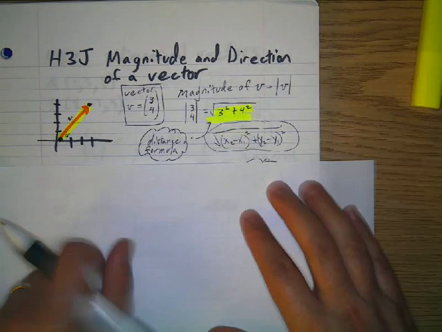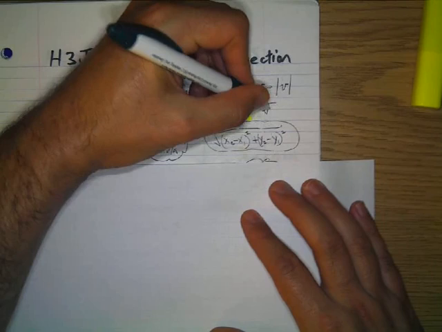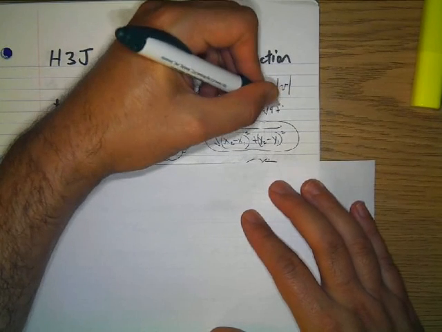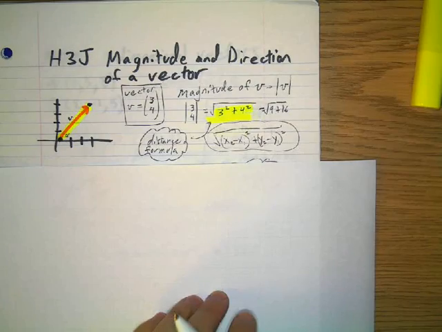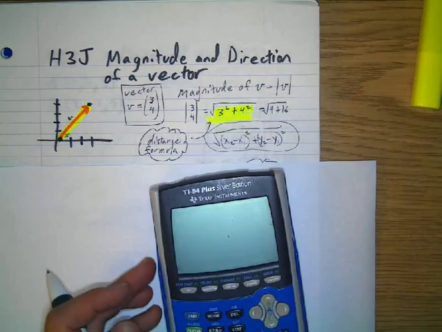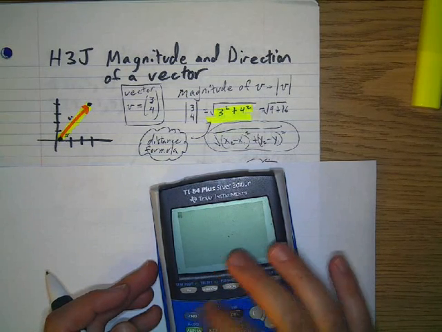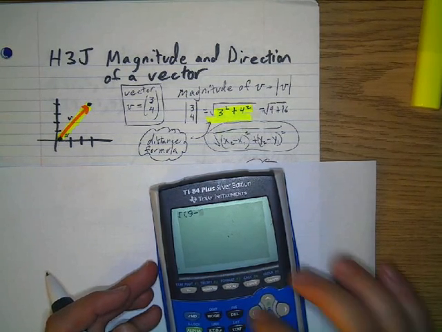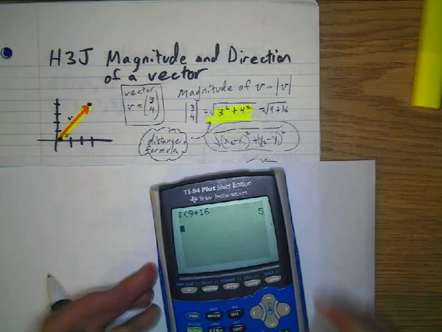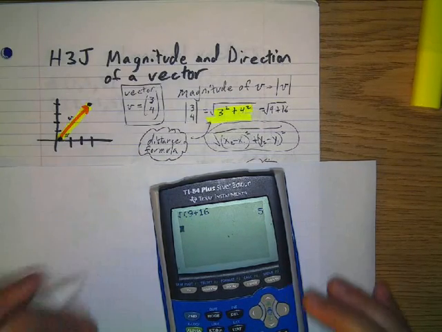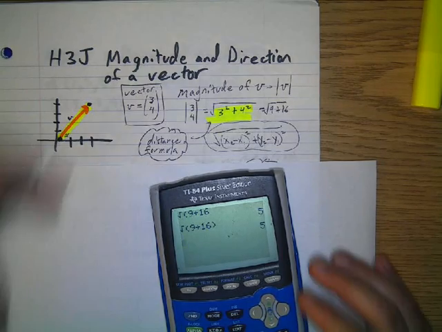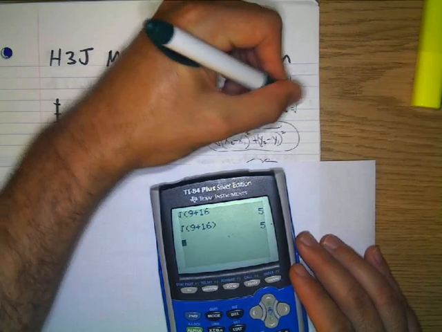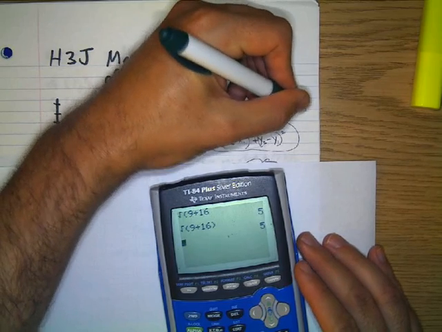And we would get the square root of 9 plus 16. And if I use my calculator, square root of 9 plus 16 gives me the square root of 25, which equals 5.